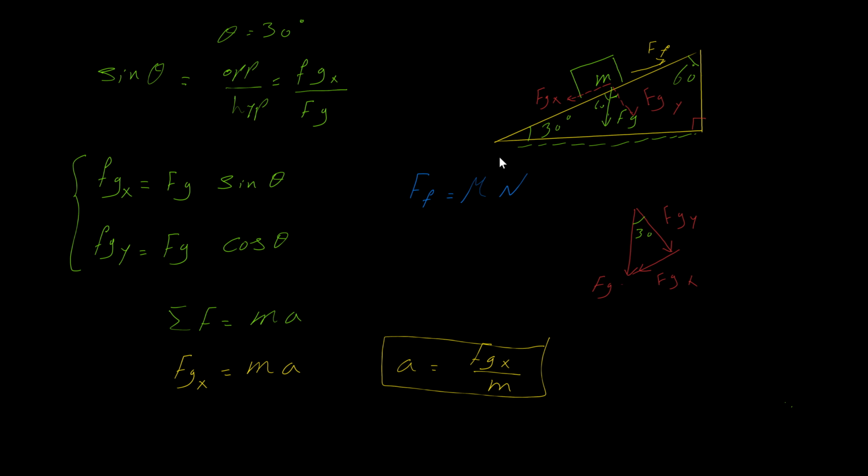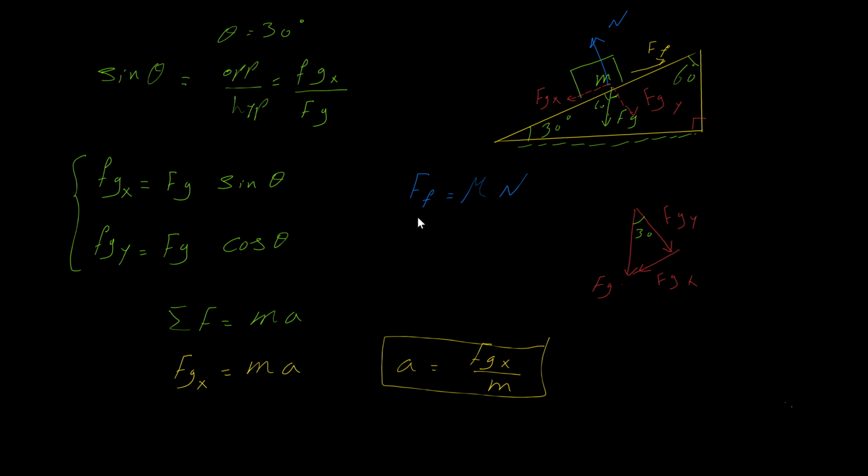So mu is the coefficient of friction, and n is the normal force perpendicular to the surface. If I draw it up, that is our n. That is equal to the force that is pulling it down into the surface, and that is Fg y.